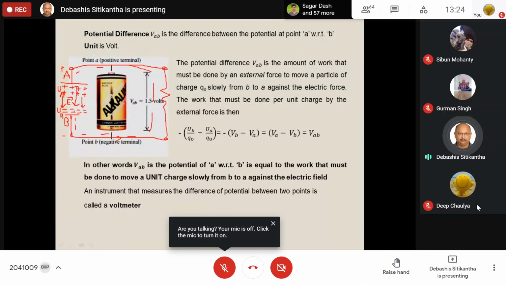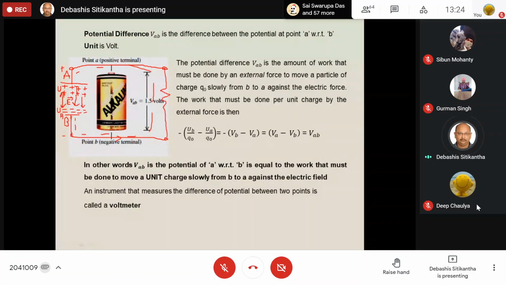And always these two inside the cell try to mix up and neutralize their charge. But the problem is that the chemical reaction is forcing them to remain apart from each other. Therefore, there is always a presence of electric field inside the cell. Now, when you connect a load to this type of source, it gets another path to move on.